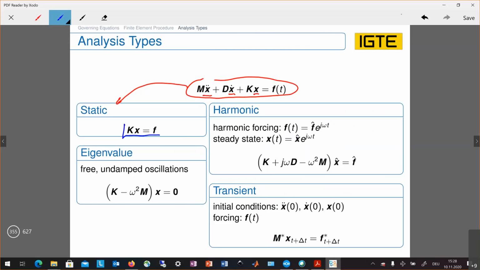On the other hand, a standard analysis clearly would be that we want to get the dynamic behavior of our sensor, actuator, or whatever system we are investigating. And then we have to do a transient analysis, which means that at the end we will get an algebraic system of equations with a so-called effective mass matrix.